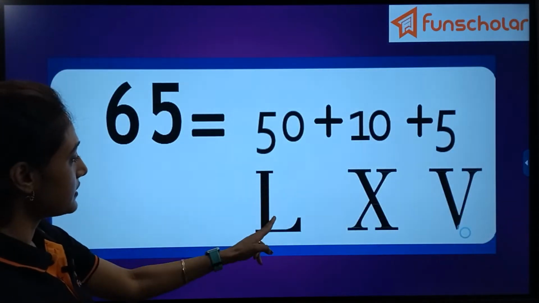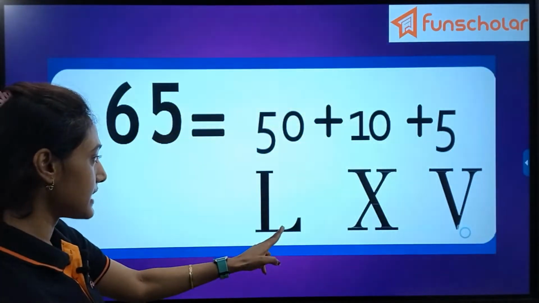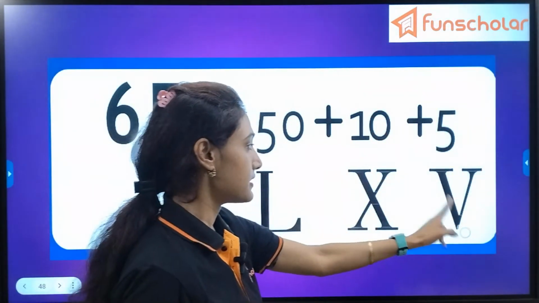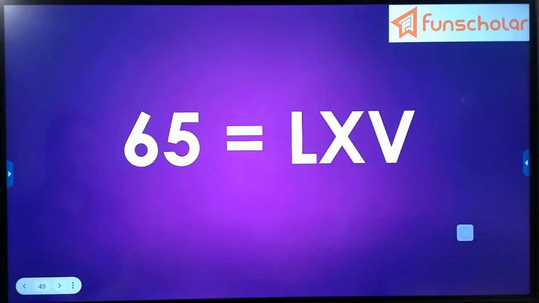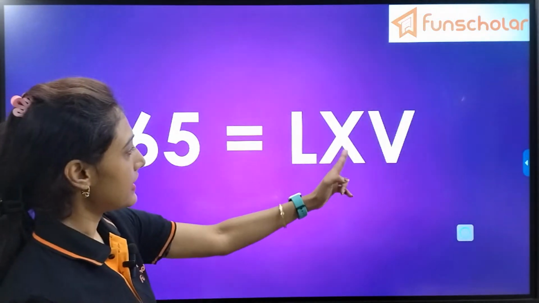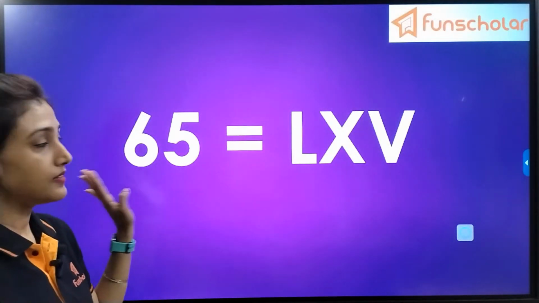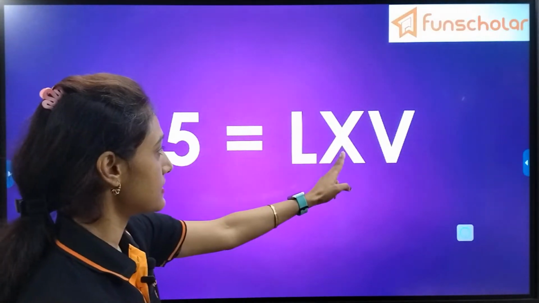So 50 will be written as L, 10 as X and 5 as V. Then LXV is nothing but 65.